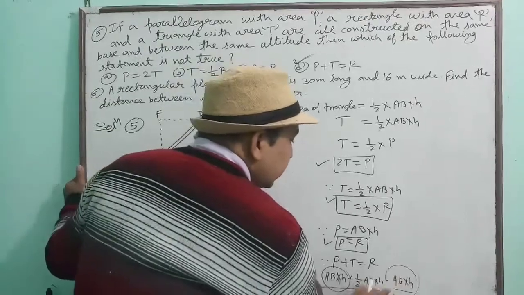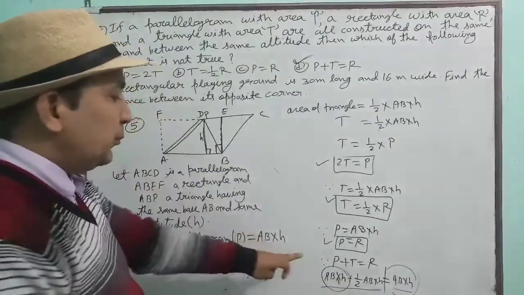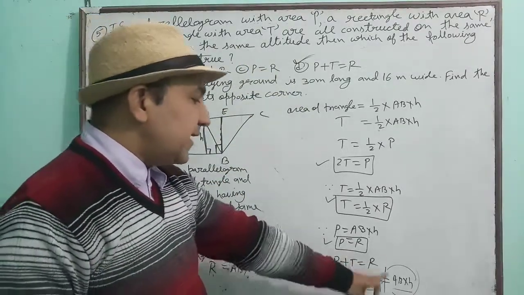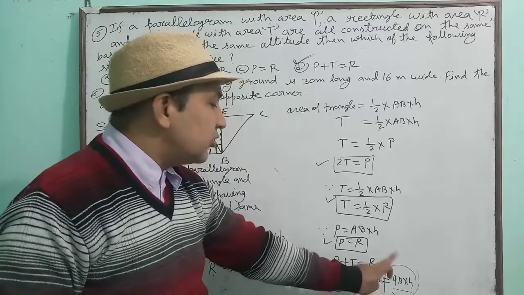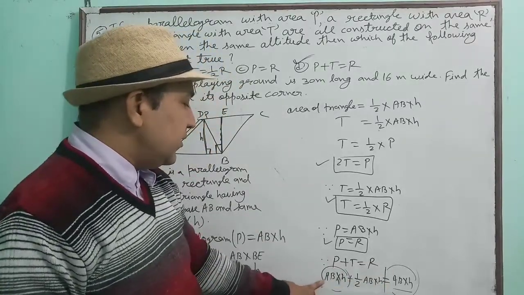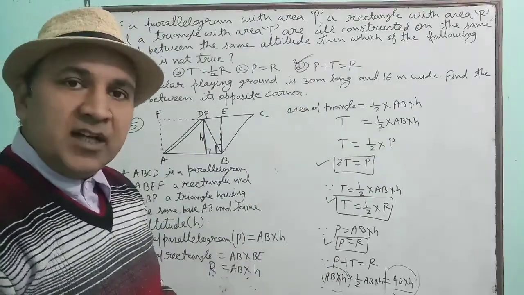That means these two statements are not equal. When you put the values of P, T and R, you find that the left hand side is not equal to the right hand side. That is why the fourth option is wrong.